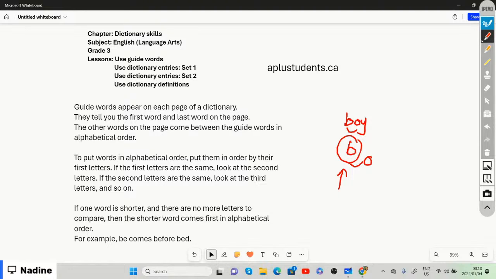For example, this word will come before this word. So B will definitely come before bed, because both have the same letters, but bed adds another letter.